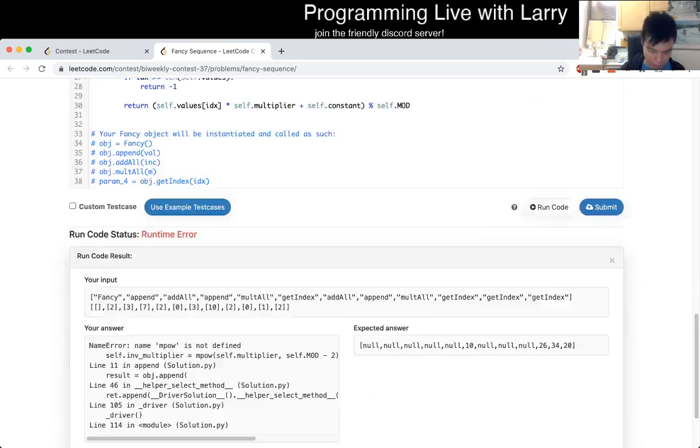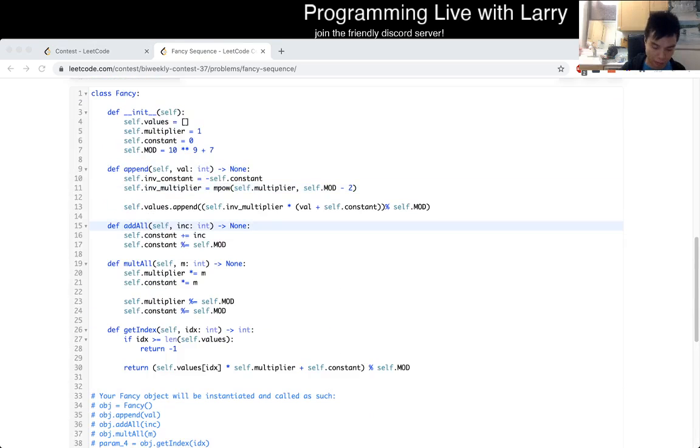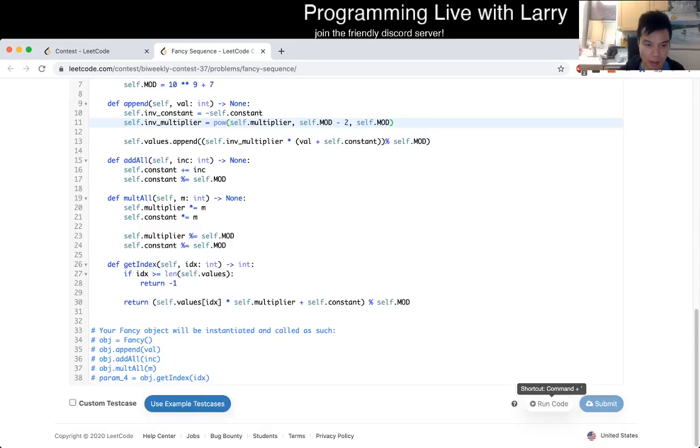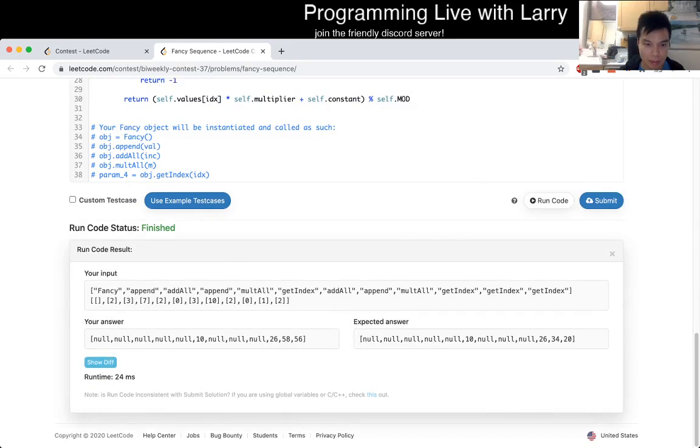Okay, let me just Google mod power Python. Is it just a regular power or a different function? Oh yeah, okay, fine, it's pow. But I also just left out the mod. Okay, so it's wrong.